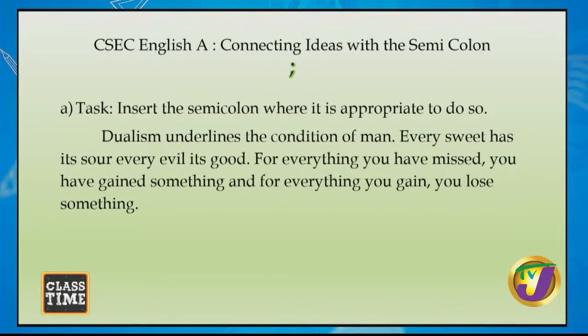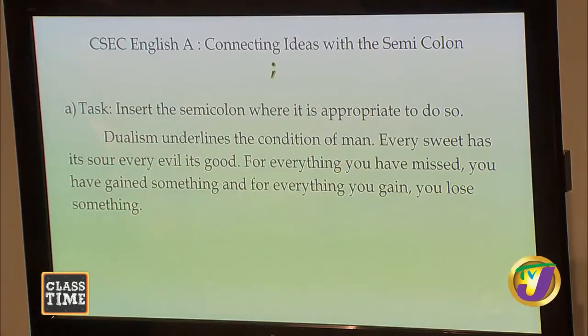Okay, the first one is already independent, and we ended with the period there, right? So it would have to be a long expression with two independent thoughts. Every sweet has its sour, every evil its good. Okay, so it is saying that every evil has its good and every sweet has its sour. So right there, we have two connecting ideas. And the second one says, for everything you have missed, you have gained something.